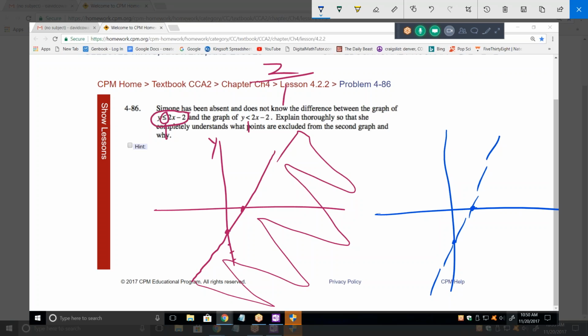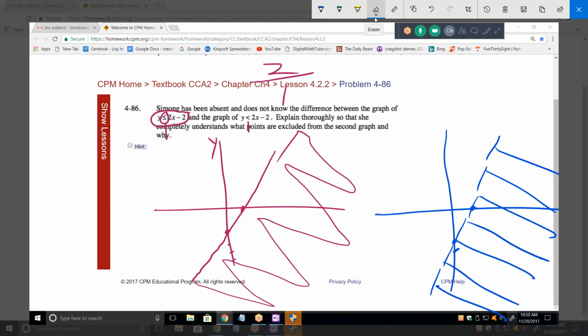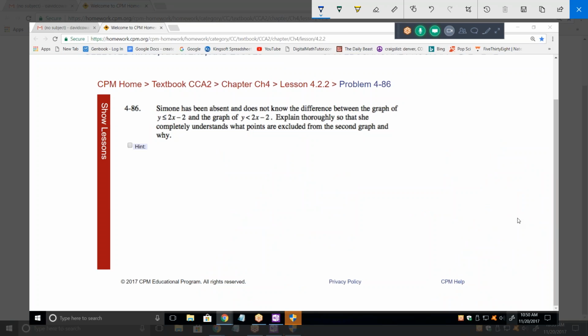In terms of which side to shade, I look to the y-axis. I find a point less than the line. I could pick that point there. That tells me I got to shade that side right there. The only time that you look left and right is when it is a vertical line.